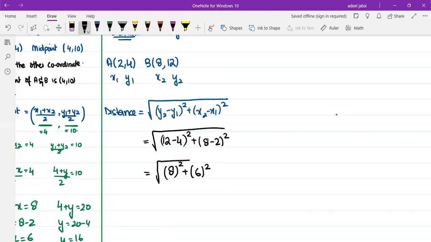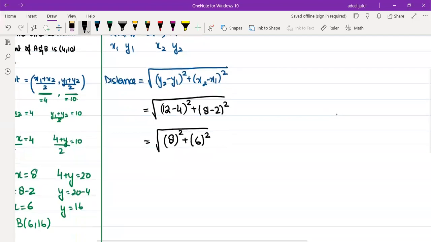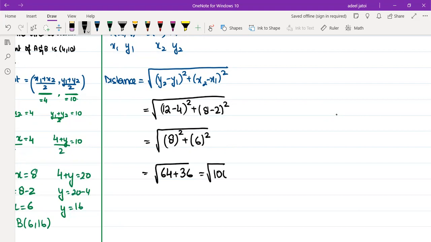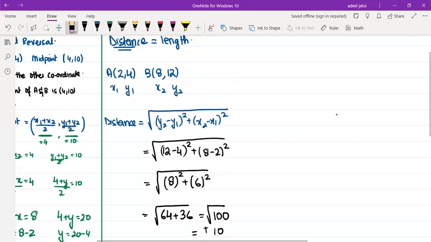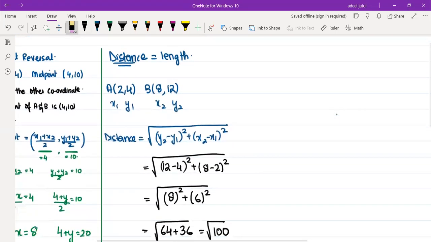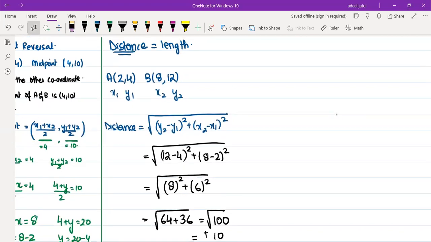And this will come under root. 8 square is 64 plus 36 under root, which means the answer is under root 100, and under root 100 is what? Plus minus 10. But in this context, we will not be taking negative sign. Why? Because your distance cannot be in negative. The only thing in this you should be remembering is the distance formula. That is under root y2 minus y1 whole square plus x2 minus x1 whole square.